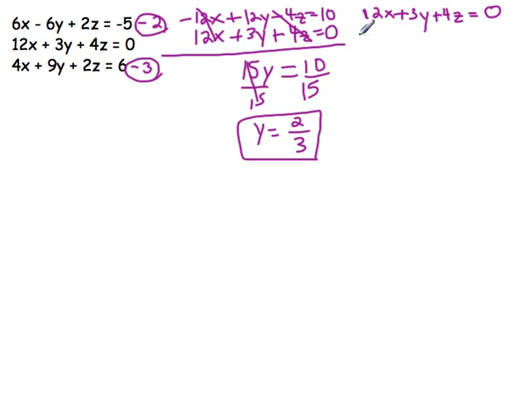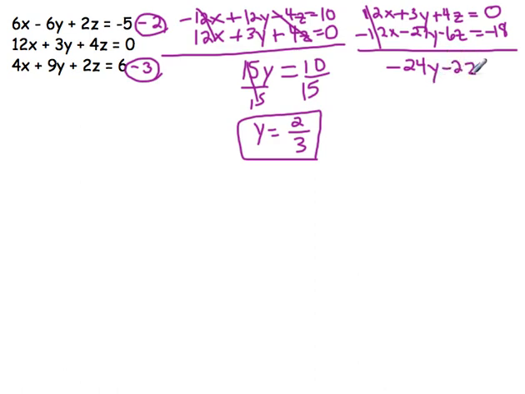When I do that, I end up with negative 12x minus 27y minus 6z equals negative 18. When I add those up, x's are gone. I'd have negative 24y minus 2z equals negative 18.